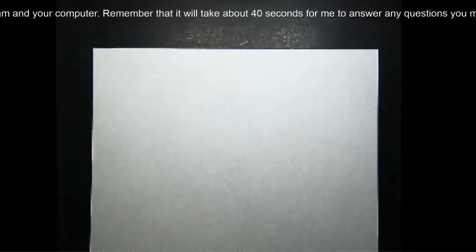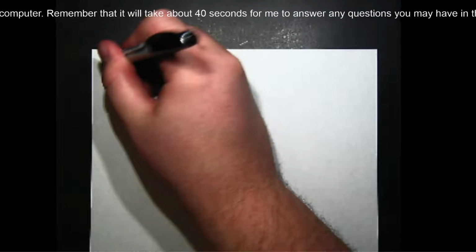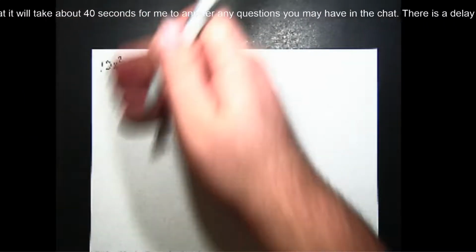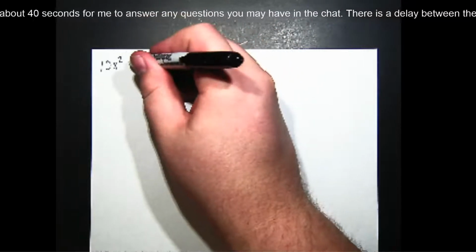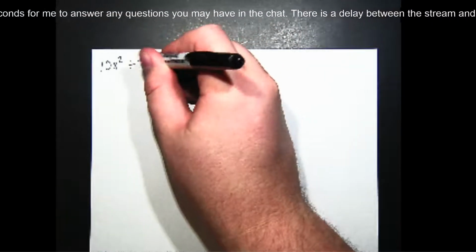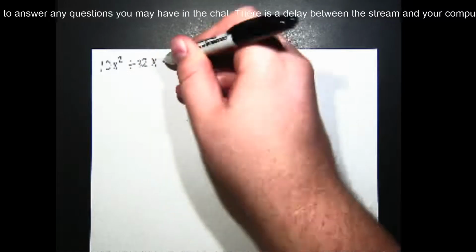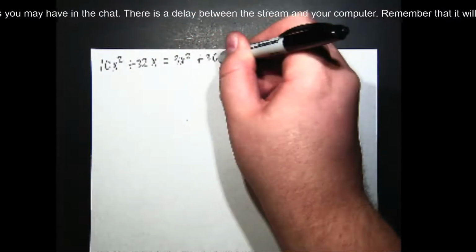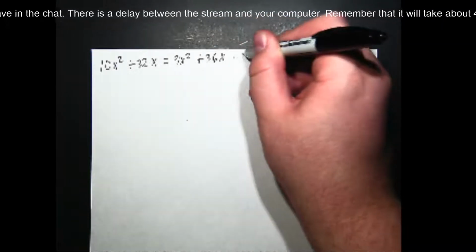This one we want to solve, and we've got kind of a quadratic blown up across an equation. So we've got 10x squared plus 32x equals 9x squared plus 36x minus 3.